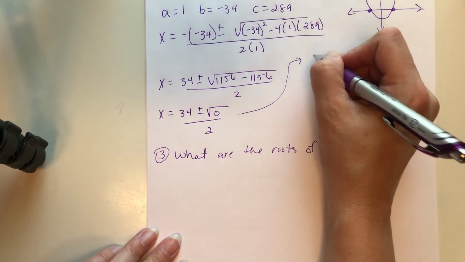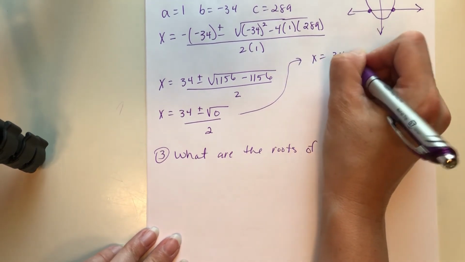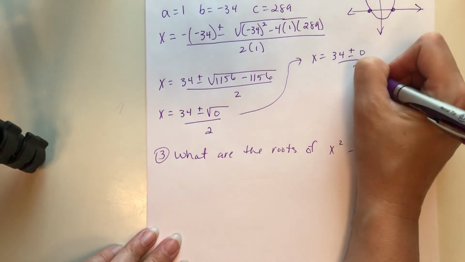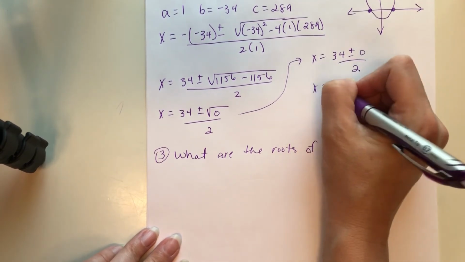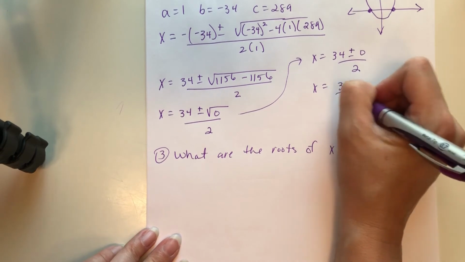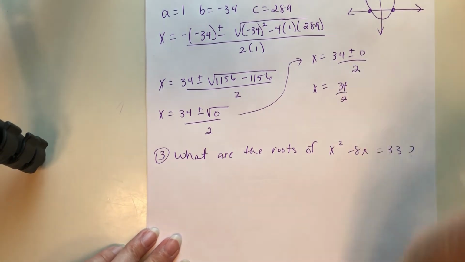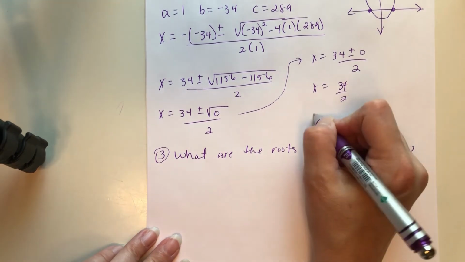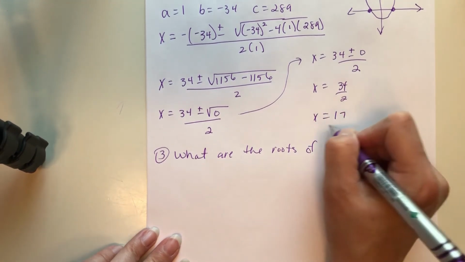And then we have x equals 34 plus or minus the square root of 0, which is 0. So we can just say that this is 34 over 2. There's no reason to add or subtract a 0 from it. Okay, so x equals 17, and that's it.